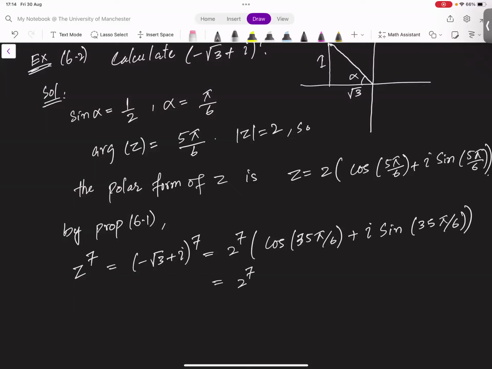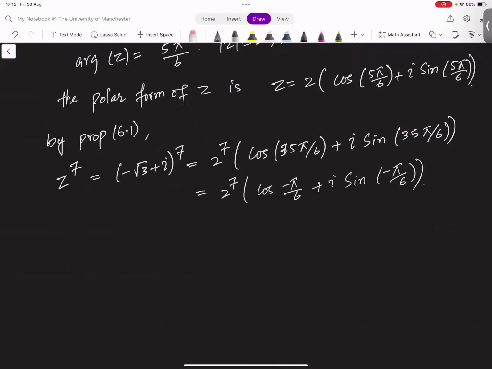And which you can still write as, we can also write it as cos minus pi by 6 plus iota sine minus pi by 6.